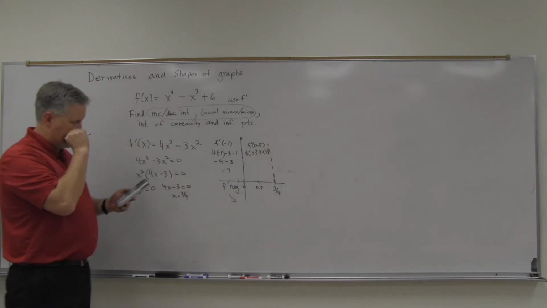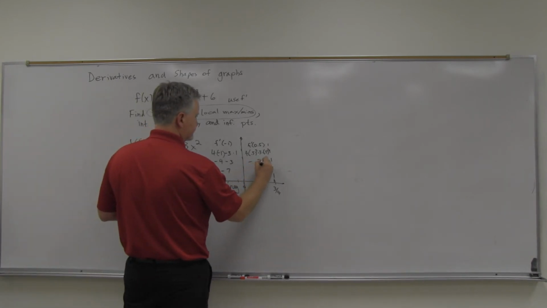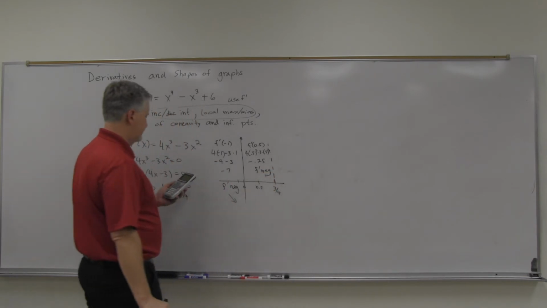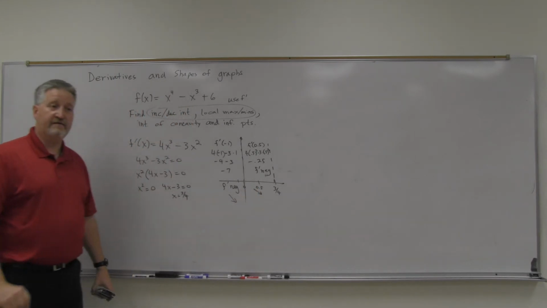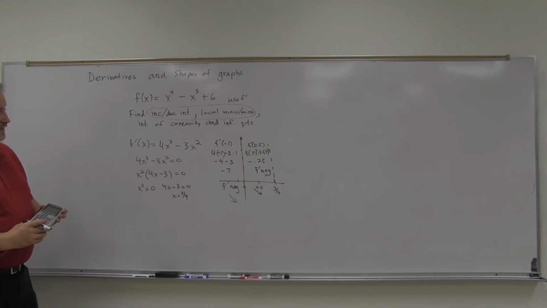So I plug in. It's negative 0.25. So f prime is also negative, so it's also down. We didn't have a change in increasing or decreasing.